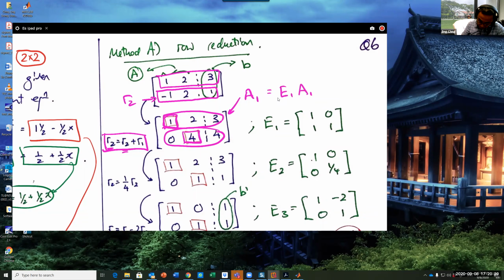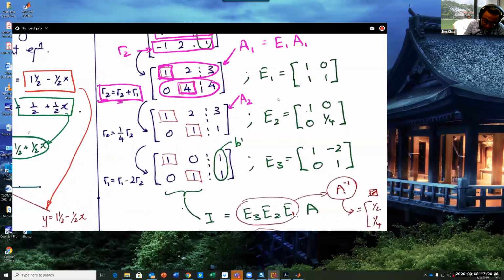What about here? A2. A2 is gotten from A1. How did I do this? Well, we don't like this 4 here. We like it to be identity. So we multiply the second row by 1/4, so we reduce to 0, 1, 1.